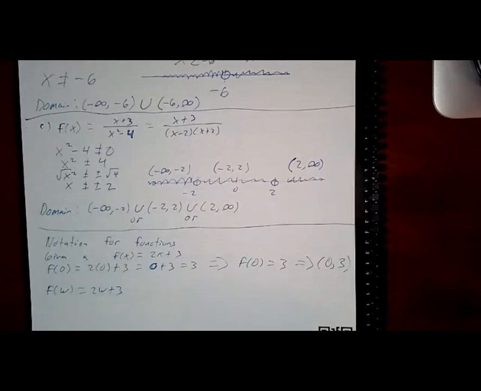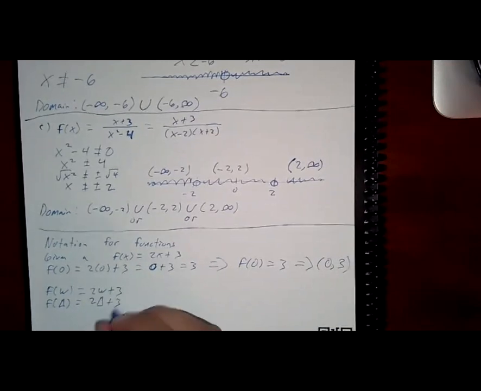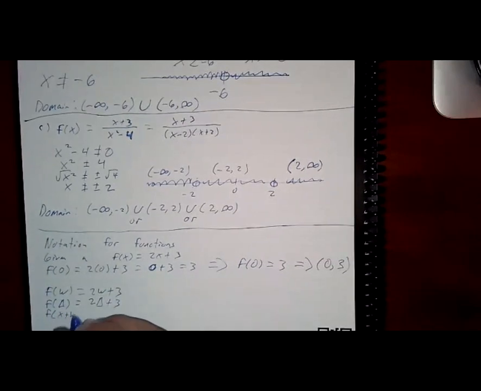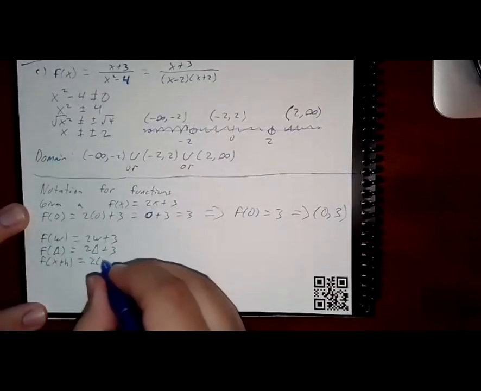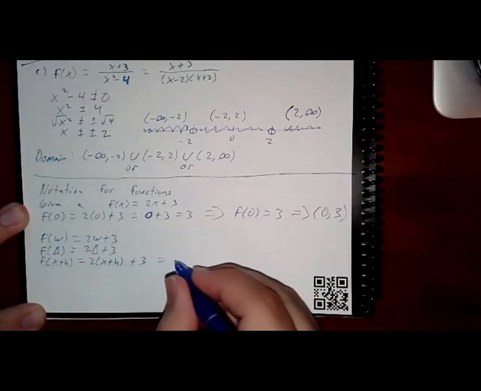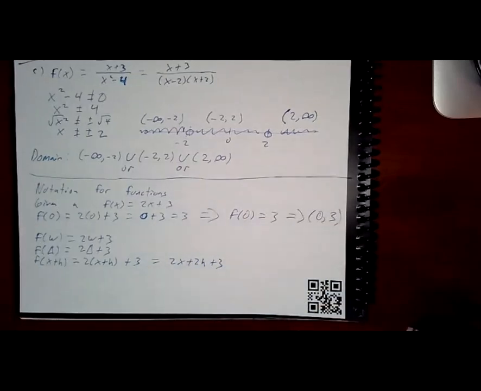If I plug in x plus h, that means plug in x plus h, which would be 2x plus 2h plus 3. But you see what the notation is saying. Don't let it mess with you. They tell you f of something, just plug it in wherever there's an x. If there's a bunch of x's, plug it into all.